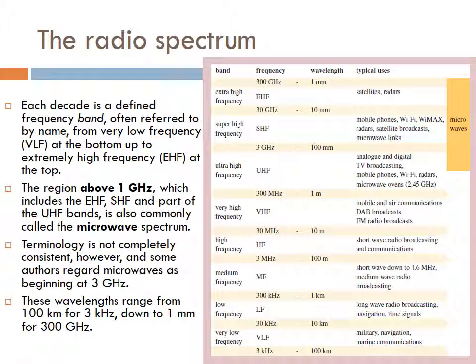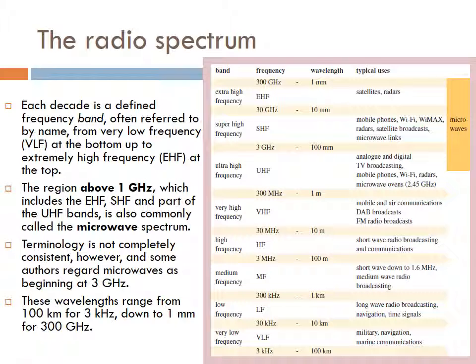And then we have the HF band from 3 megahertz to 30 megahertz. Its wavelength ranges from 10 meters to 100 meters. So these HF bands were used also mainly for radio broadcasting and communications.